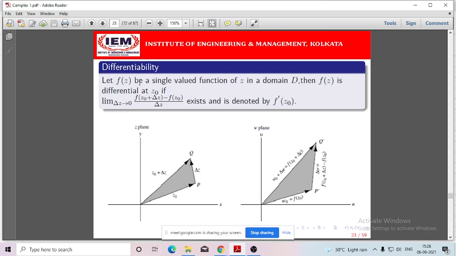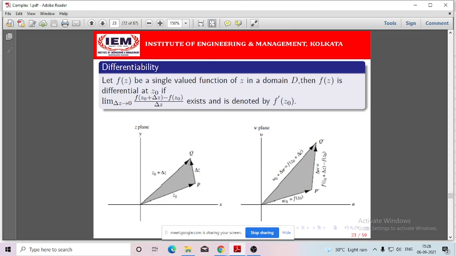Whenever we define this function f(z), each and every point is mapped from the z-plane to the w-plane, which we are considering as the dependent plane. Let's say z0 is mapped to w0. The image of z0 in the w-plane is P prime, where w0 means f of z0.